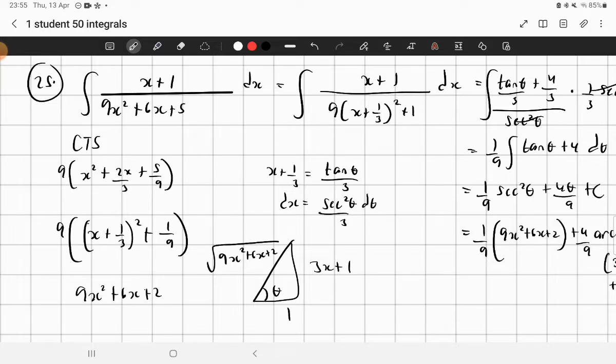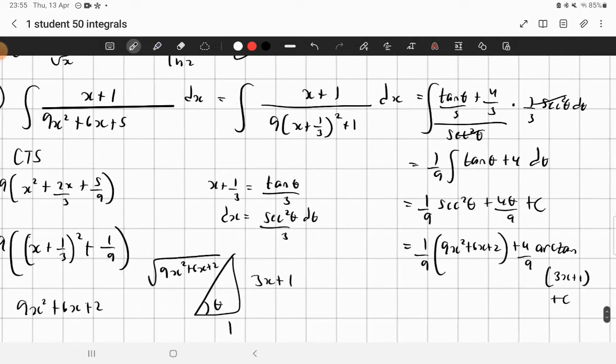Oh my gosh, 3x squared, 6x, 1, and then ln. Why is there ln all of a sudden? Oh my gosh, honestly. x plus 1. Tangent theta.